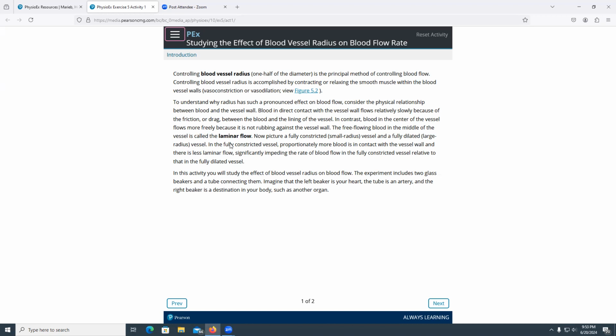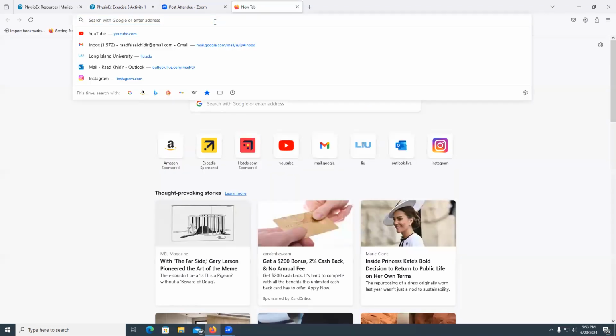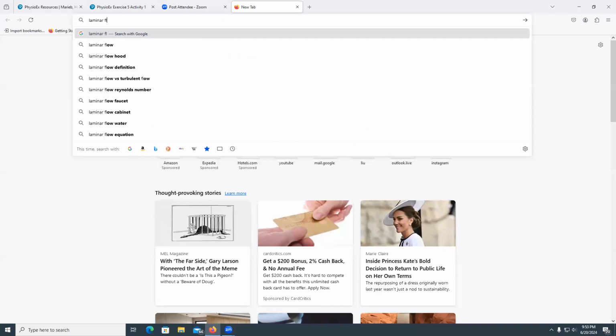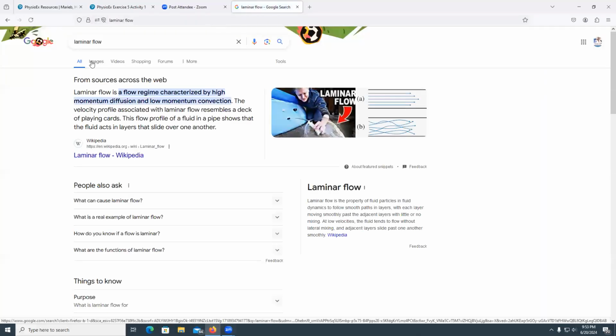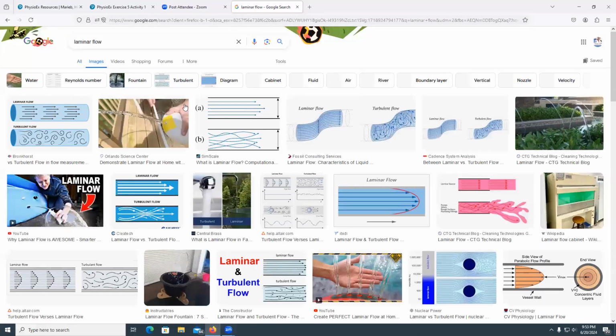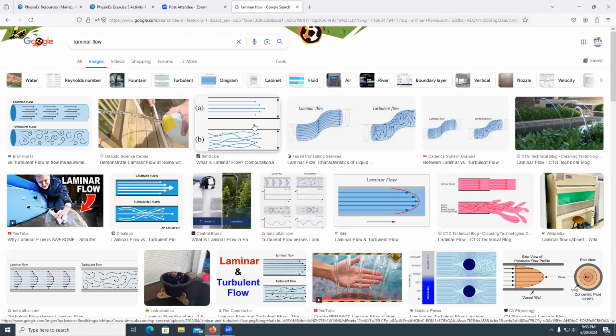And then there's the concept of laminar flow, which is very important. Laminar flow is, imagine you have a blood vessel. This blood vessel is a tube. So let me go ahead and type laminar flow and see what diagram I can get. Okay, that's exactly what I needed.